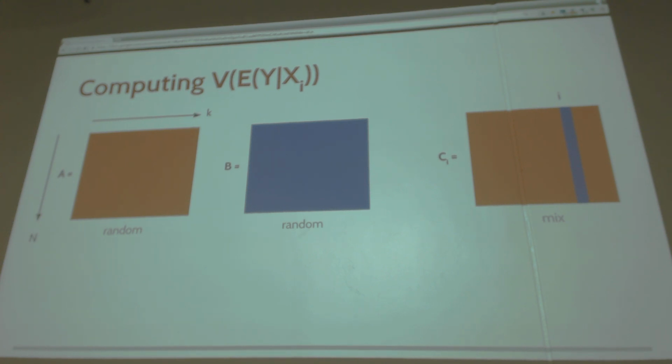And you mix them in different ways. So for any parameter index i, you can form a matrix C where you take the first sample and you substitute the value of parameter i from the second sample, but you leave all other parameters intact. So this way you get a number of matrices C.